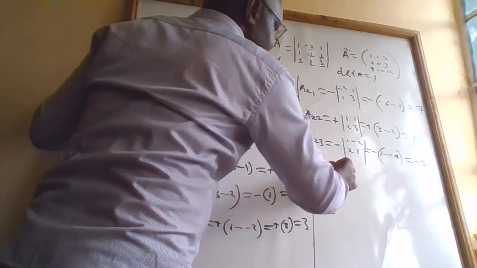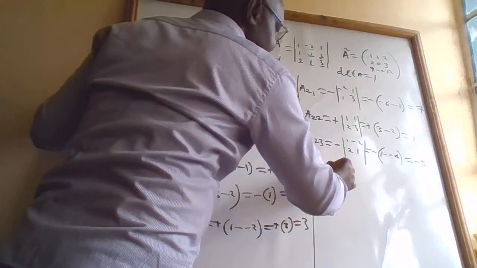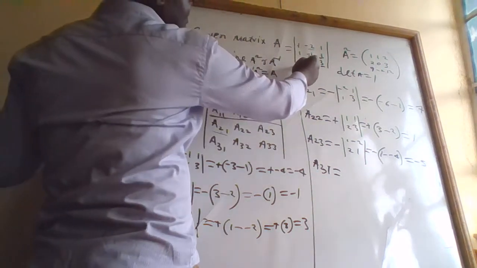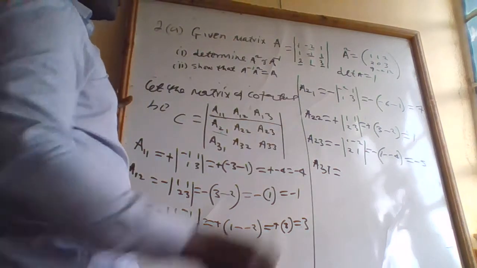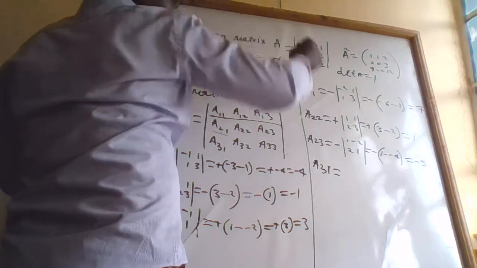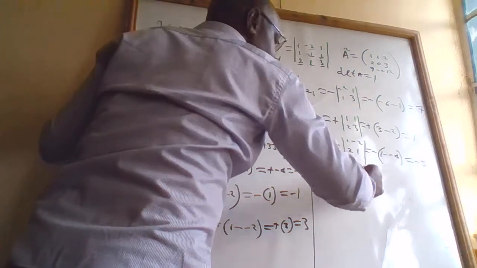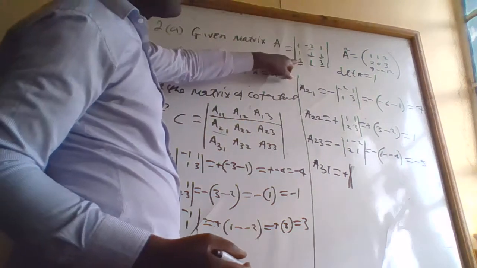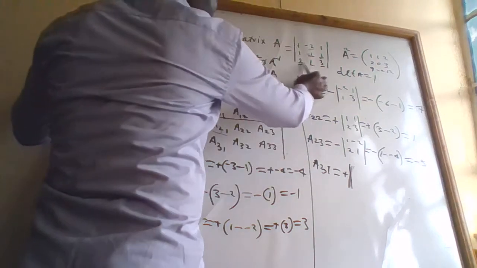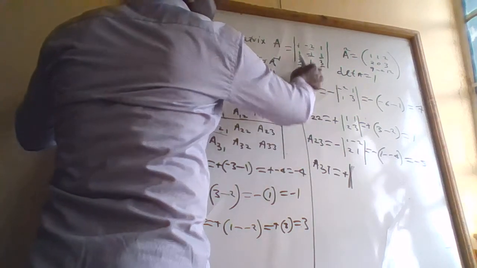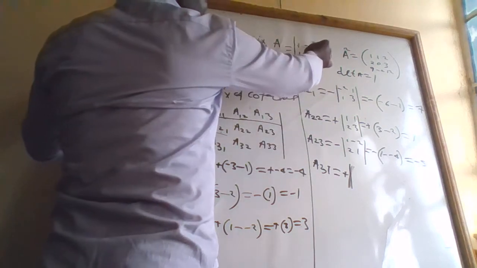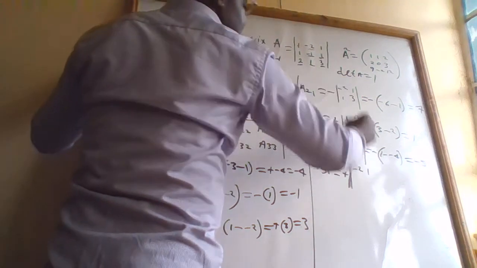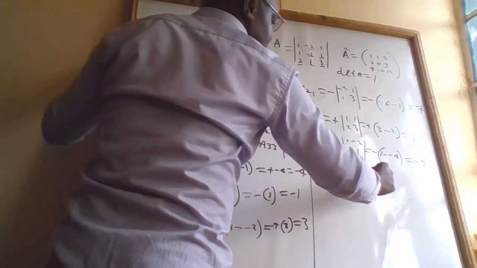Now A31. We take the place sign of this element: positive, negative, positive, it will be positive. And then the minor of this element, we remove this column and this row. So we have negative 2, 1, then negative 1, 1.